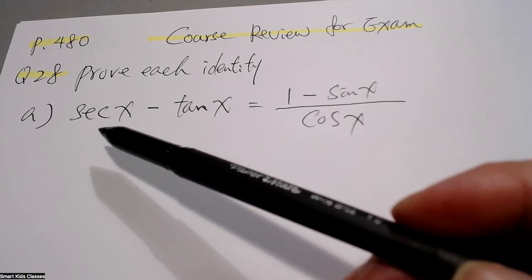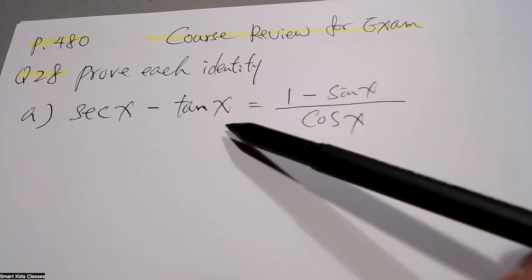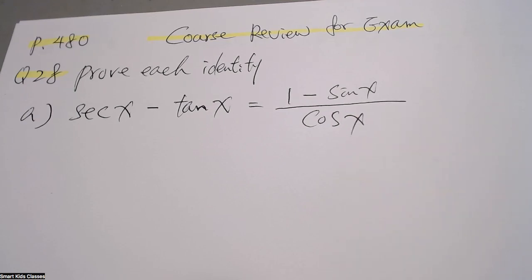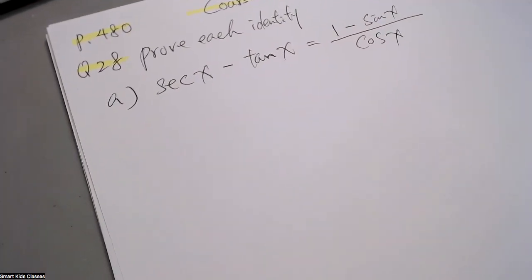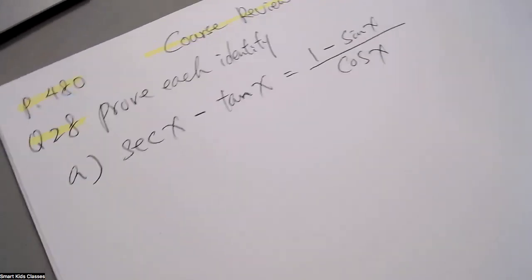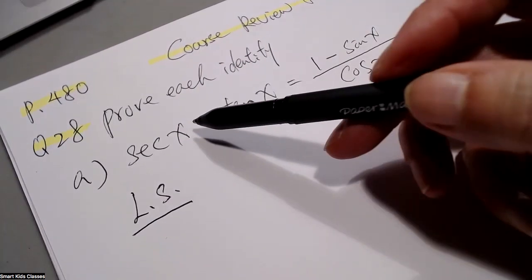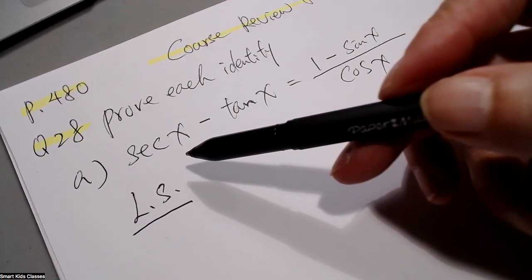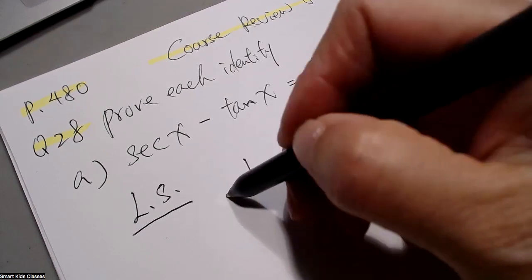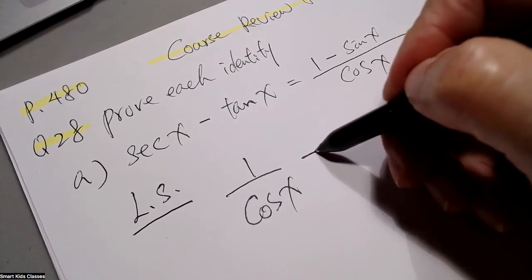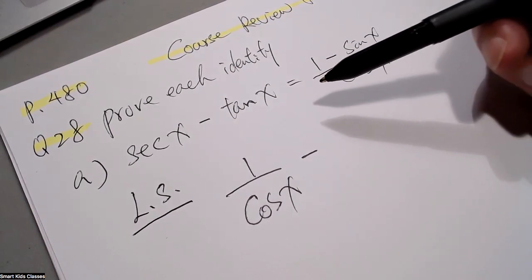A: secant x minus tangent x is equal to (1 minus sine x) over cosine x. I'm going to solve the left side first. Now this is a reciprocal, so we write 1 over cosine x minus tangent x.